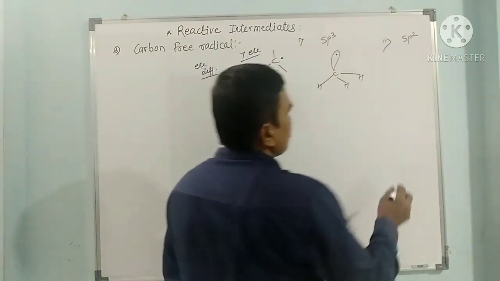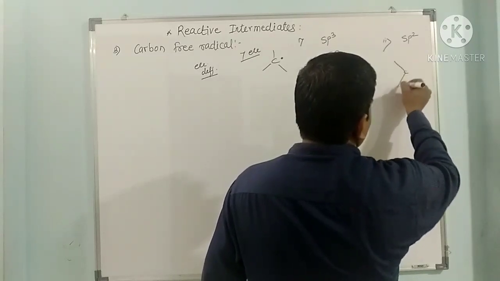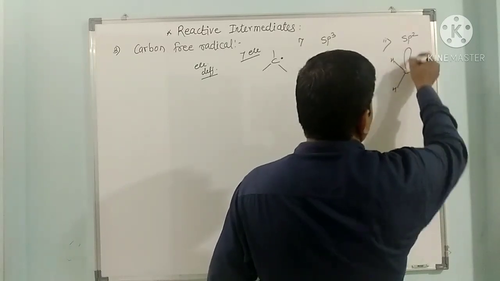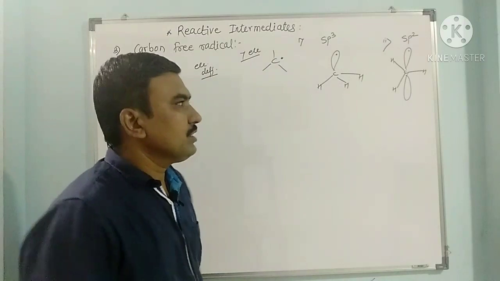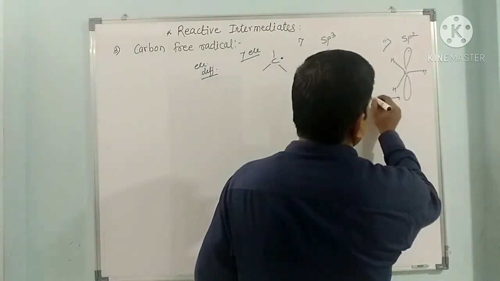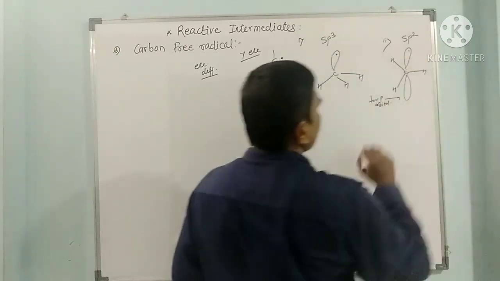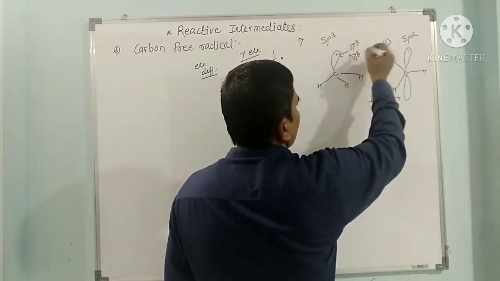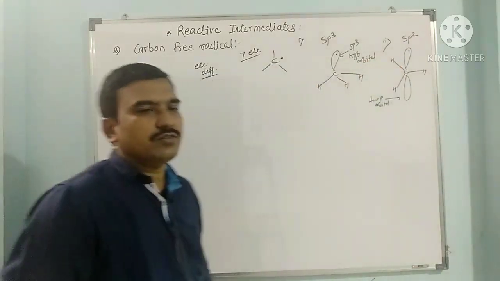The second possible hybrid state is sp2, with hydrogen, hydrogen, hydrogen, and a perpendicular p orbital that contains the electron.